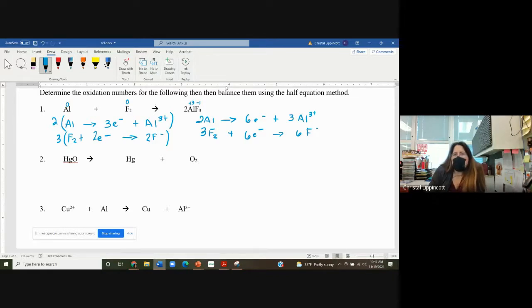All right. Now, these cancel. And we're going to get our overall reaction here, which is 2Al plus 3F2 yields 3Al3 plus 6F minus. Oh, is that 2?